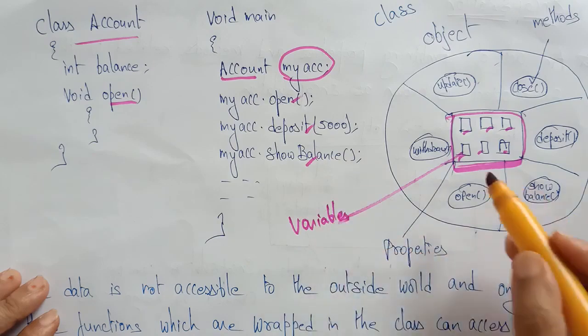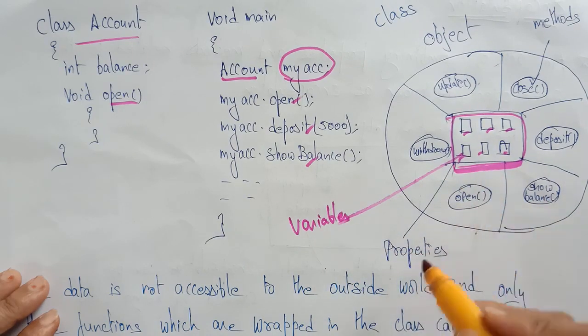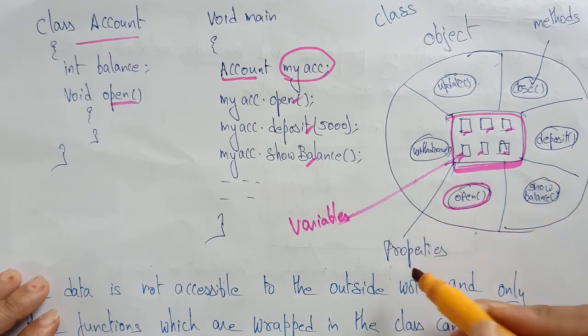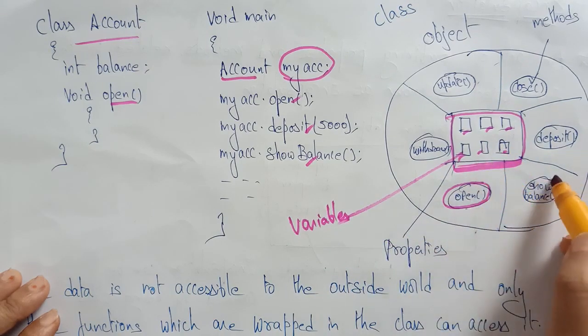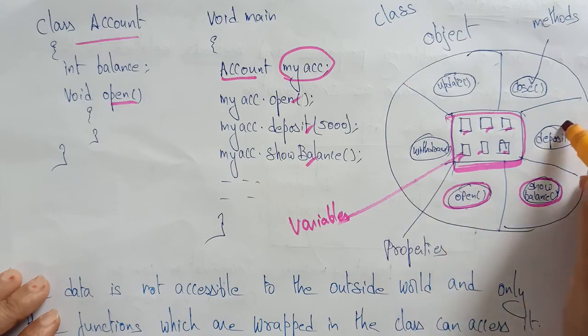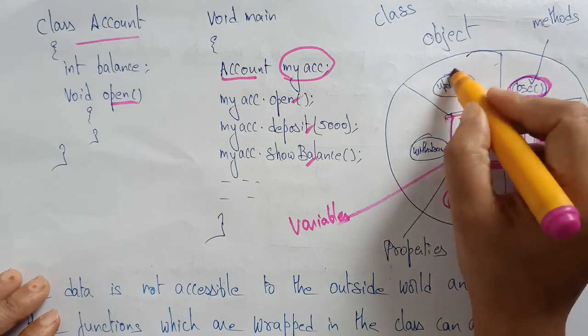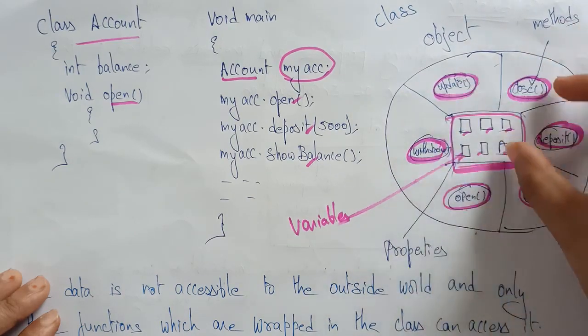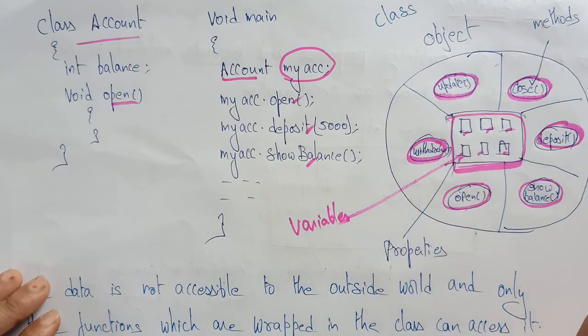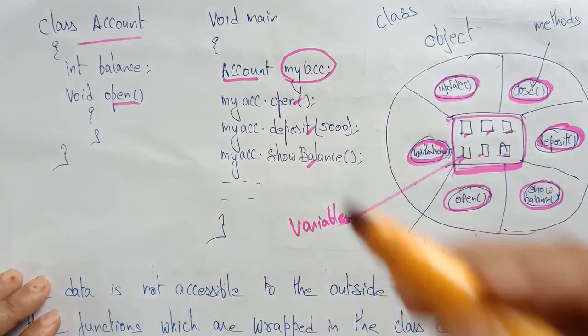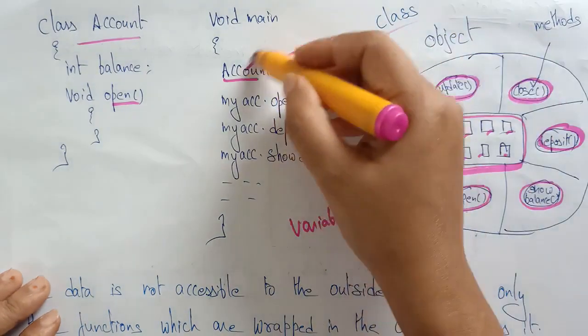So in the variables you have some variables or properties, whatever they may be. And for the variables, some functions are there: open, show balance, deposit, close, update, and withdraw. These are all the functions or methods which are related to one particular object. Let us take myAccount as my particular object. This object is created by the class Account.